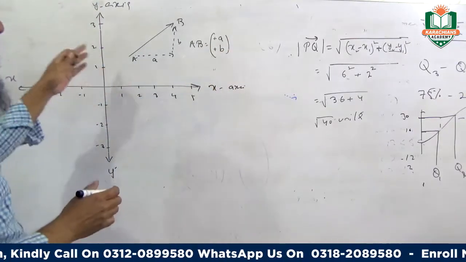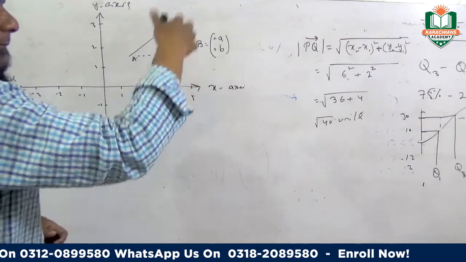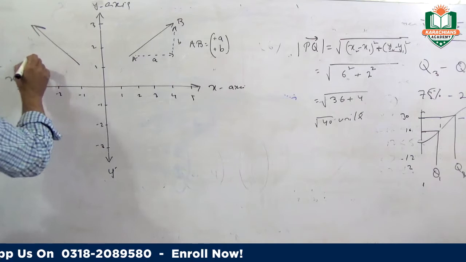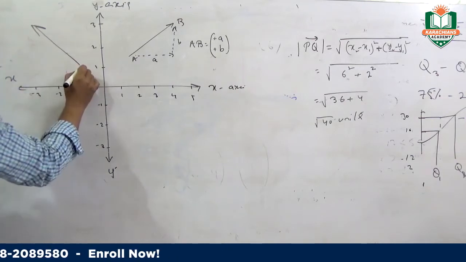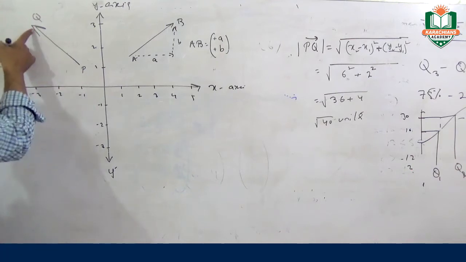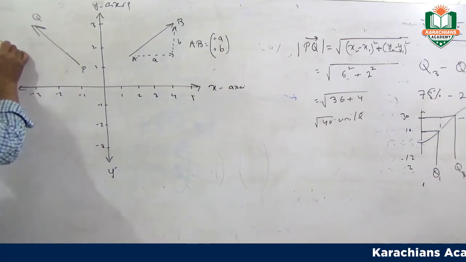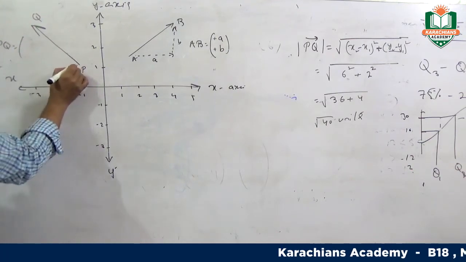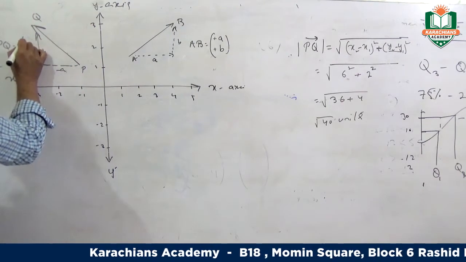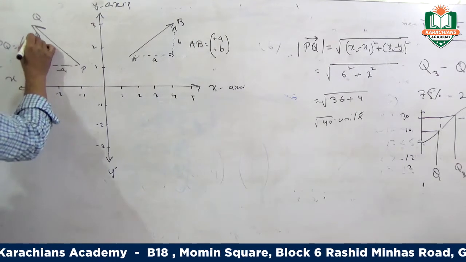Because the line is moving from downwards left to upward right. If I consider this line, let's suppose PQ, I will show the coordinates of PQ, initial point and then terminal point, right? PQ as minus a and plus b.